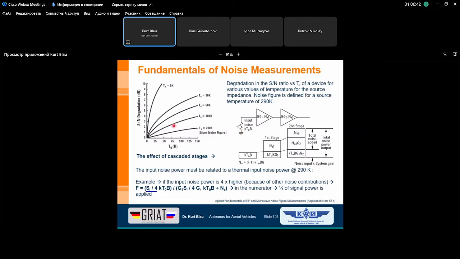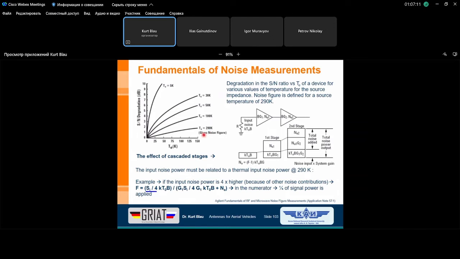Okay, now let's have a look at this diagram here. What is shown here? I try to explain that the reference temperature here is given with 290 degrees Kelvin, or without degree, only 290 Kelvin.